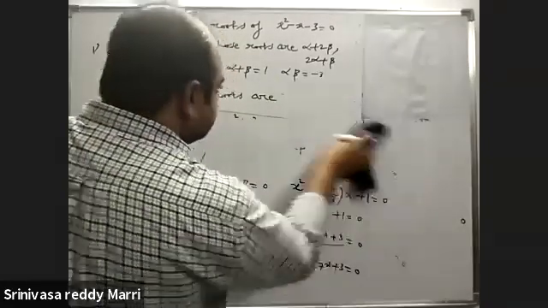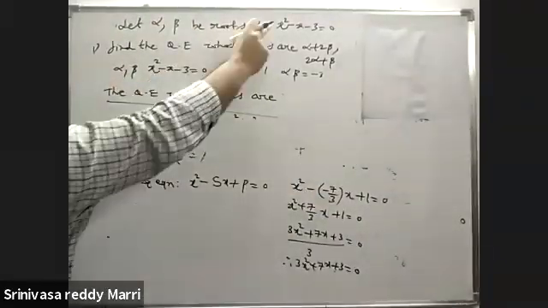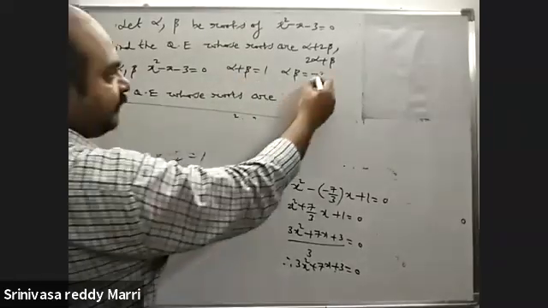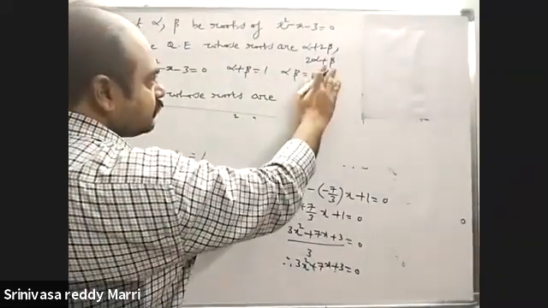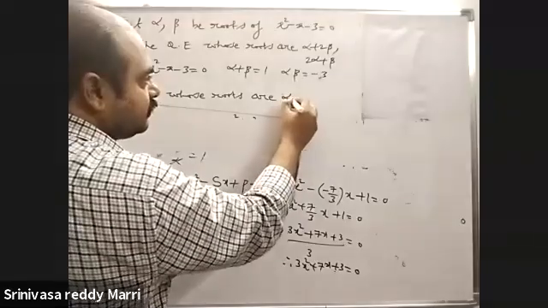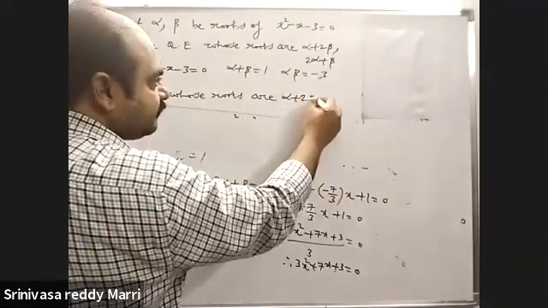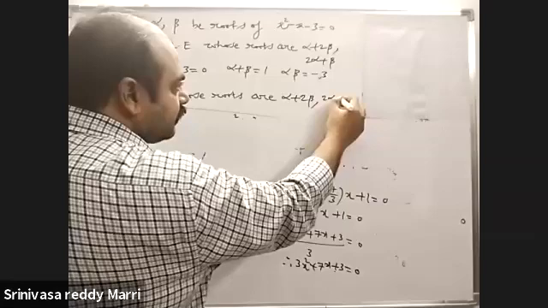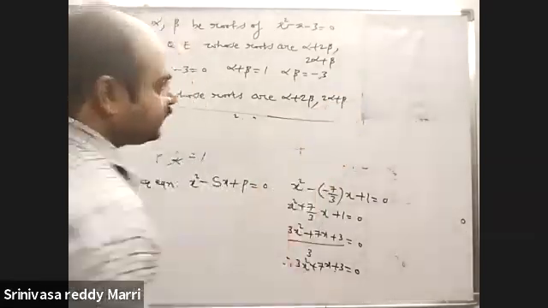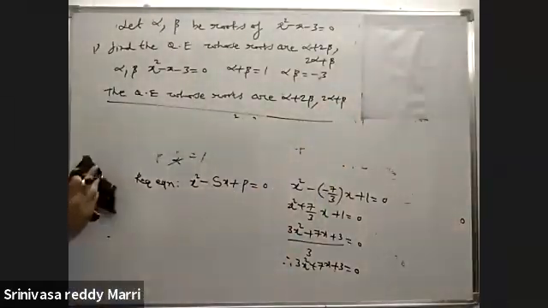Now look, alpha, beta are roots. Same question. Alpha plus beta is this, alpha beta is this. So you have to find the quadratic equation whose roots are alpha plus 2 beta, comma 2 alpha plus beta.